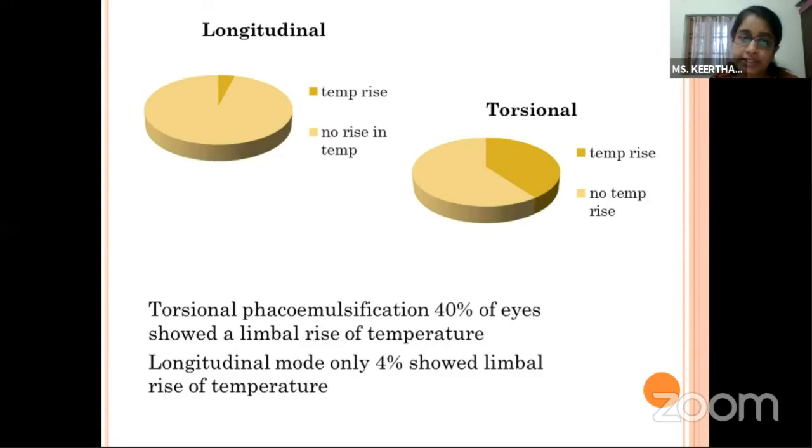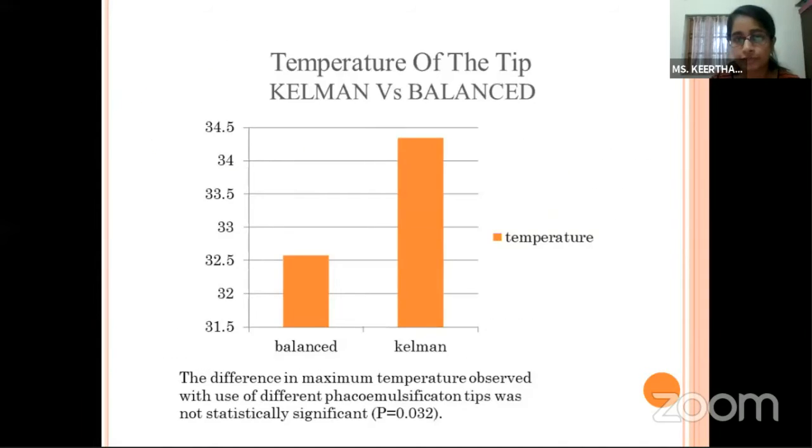We also noticed that in torsional phacoemulsification, 40% of the eyes showed a limbal rise of temperature, while in longitudinal mode, only 4% showed a limbal rise of temperature, which is significant. We also compared the temperature of the tip, Kelman versus balanced tip.